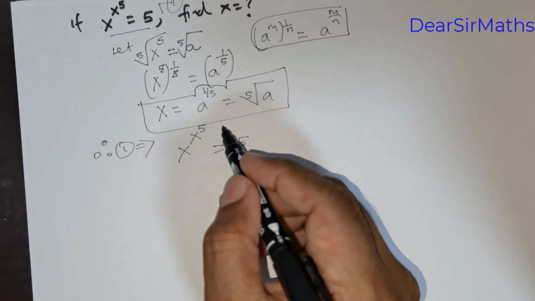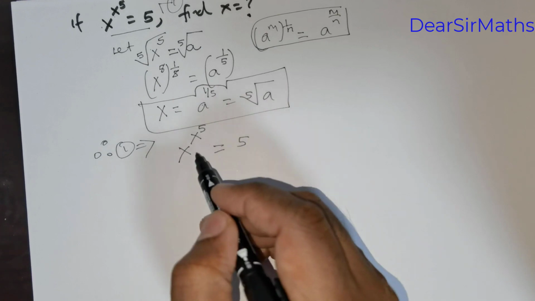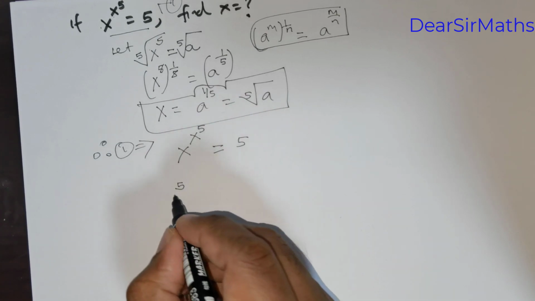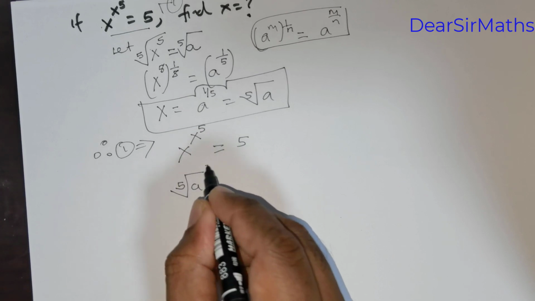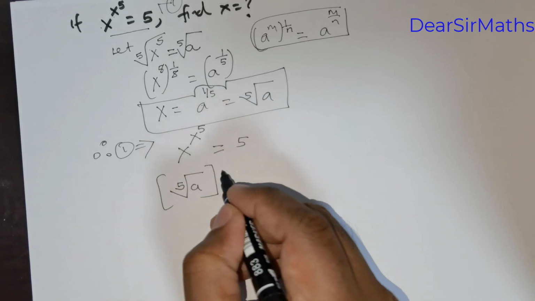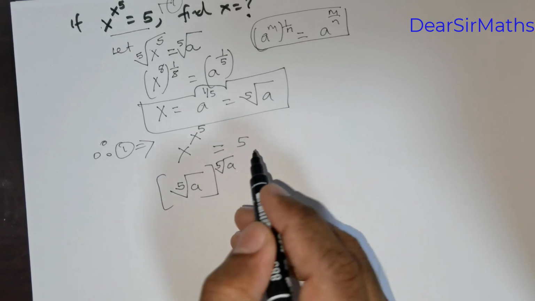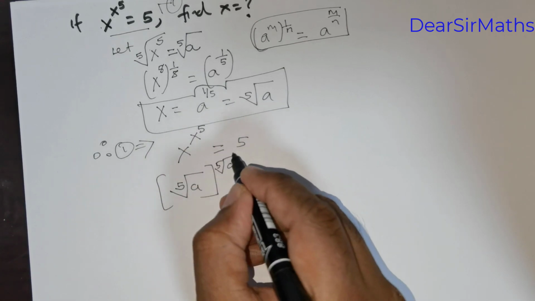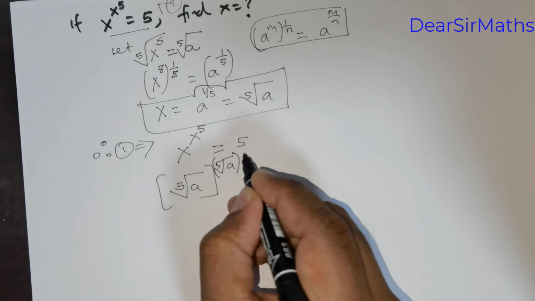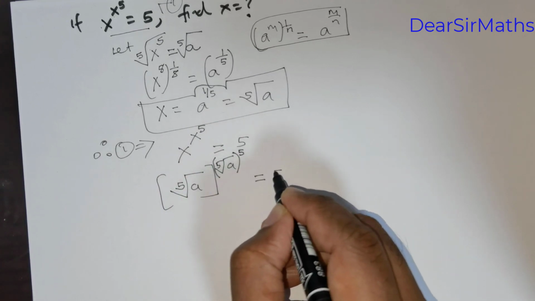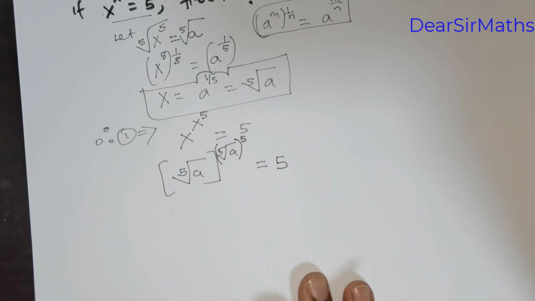So as I mentioned to you, I will be utilizing this fact over here. In place of x, I'm going to substitute the fifth root of a. In place of this x, it's going to be the fifth root of a, and this has a degree 5 there as an exponent. So you have to place that, and this is equal to 5. So this is what you've got.